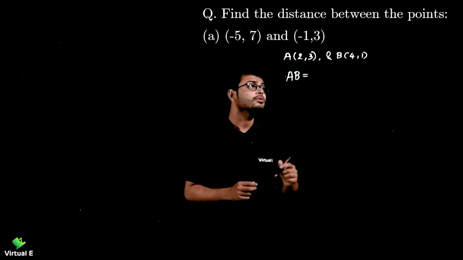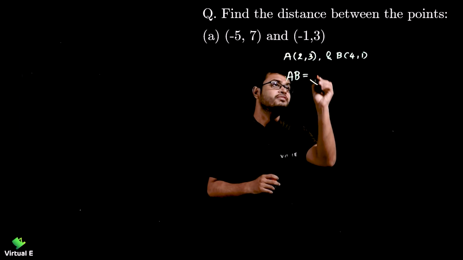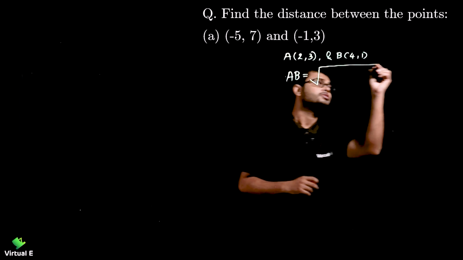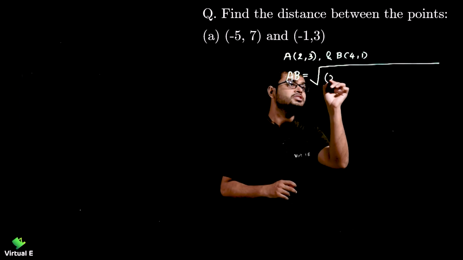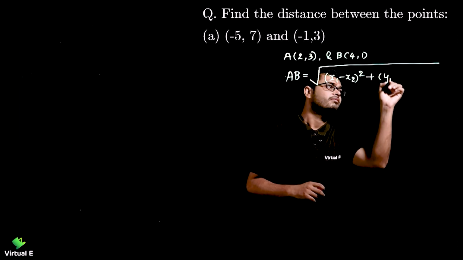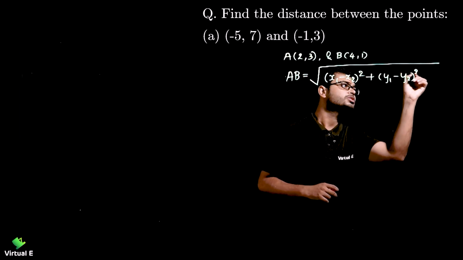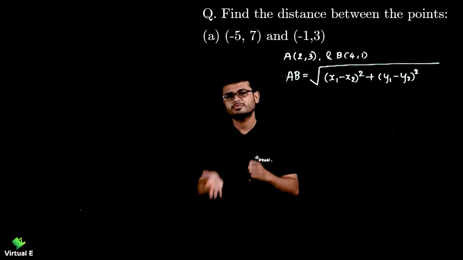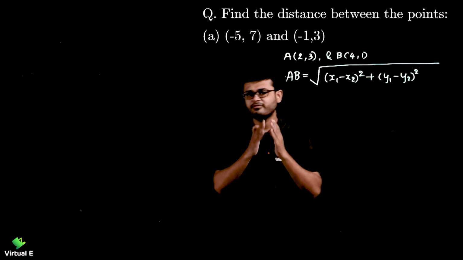Now, if I want to find the distance, I need to use the formula. So remember this formula, which is x1 minus x2 whole square plus y1 minus y2 whole square. You must be thinking, what is x1 and what is x2, y1 and y2.